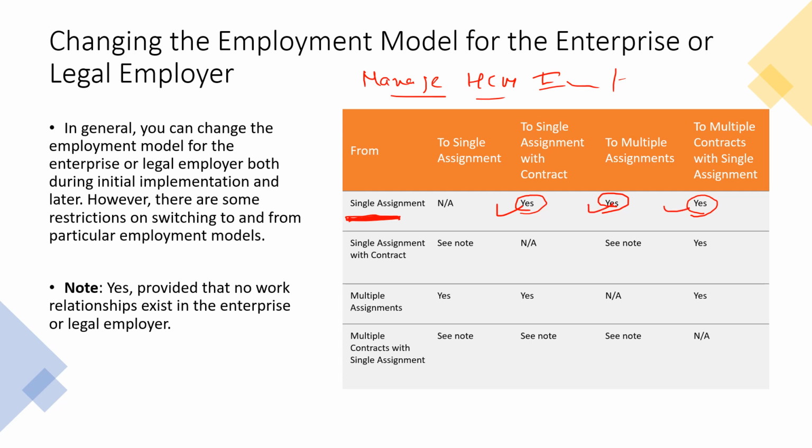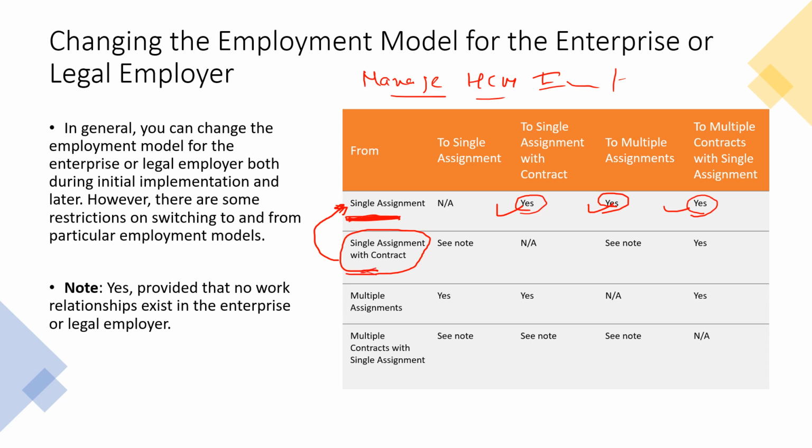Now, initially by mistake, or by ignorance, or by not having a clear understanding, or now as your concepts are getting clear, suppose I selected the single assignment with a contract and now I want to bring it back to the single assignment. Do you get it? So I start the implementation, and at the time of implementation I select a single assignment with contract.